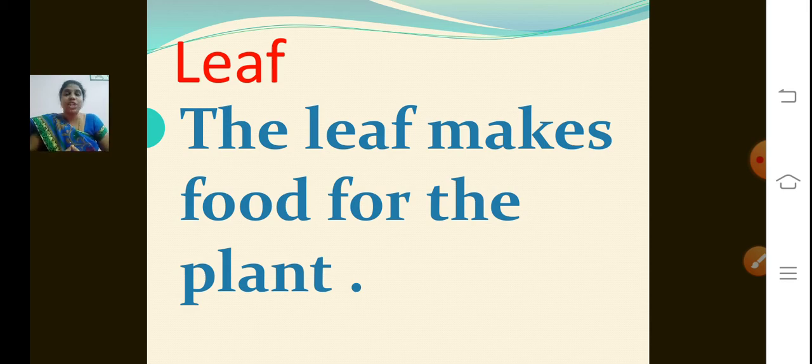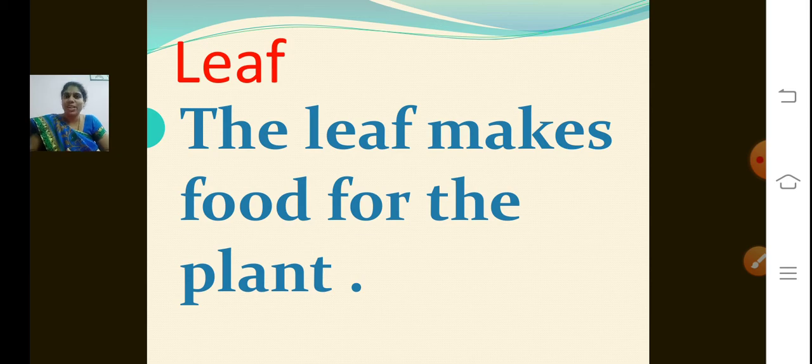So what is the function of leaf? Leaf makes food for the plant. How does it make food? The process is called photosynthesis. With the help of chlorophyll, it absorbs the sunlight, water, and with the help of carbon dioxide, it produces the food.